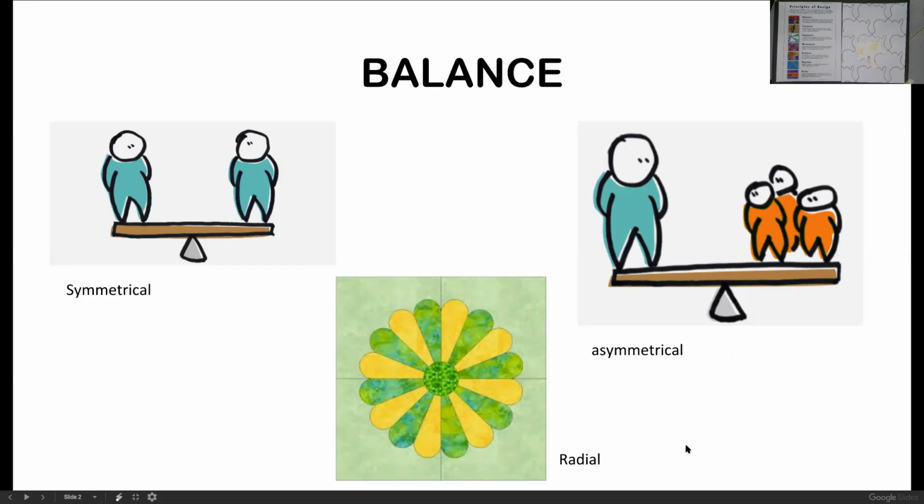Even though it's 1 person on each side, I probably outweigh Cora by 100 pounds. So I'm going to be stuck on the ground and Cora is going to be stuck up in the air. So asymmetrical balance means that a bigger object on one side should be balanced off by 2 or 3 different ones on the other side. Does that make sense, guys?